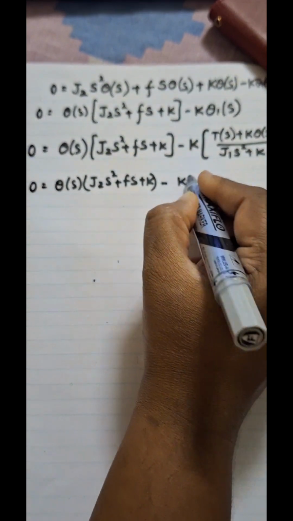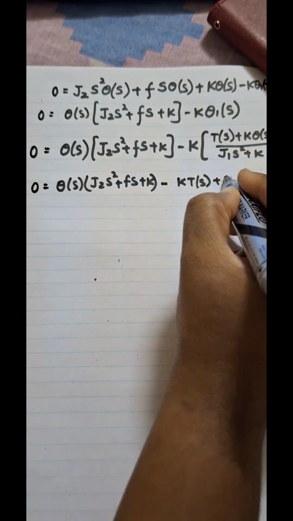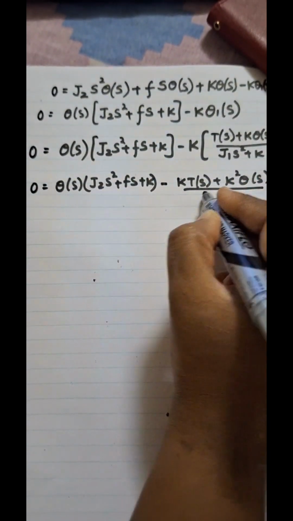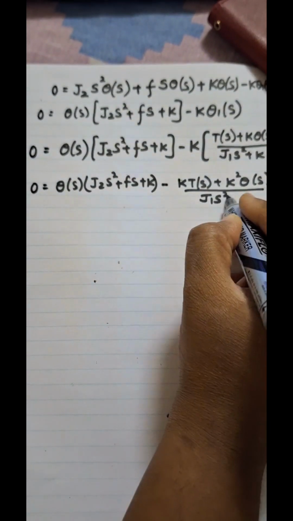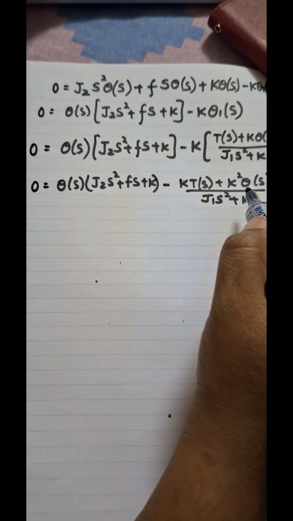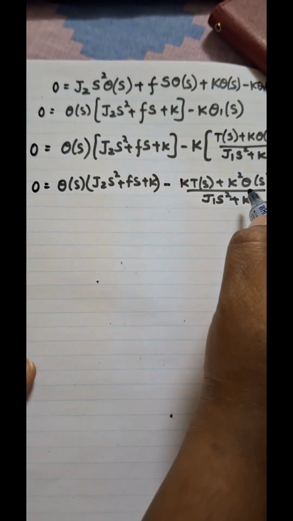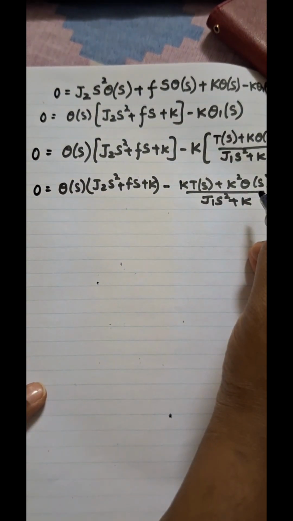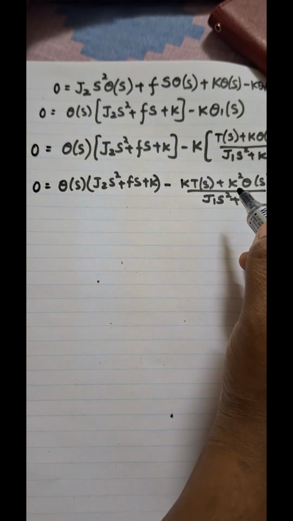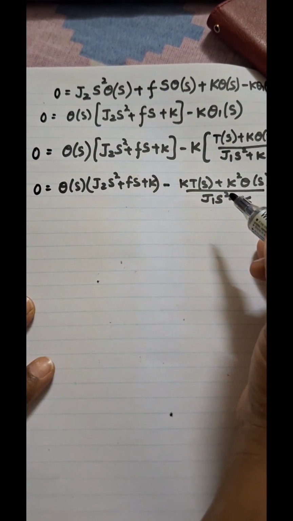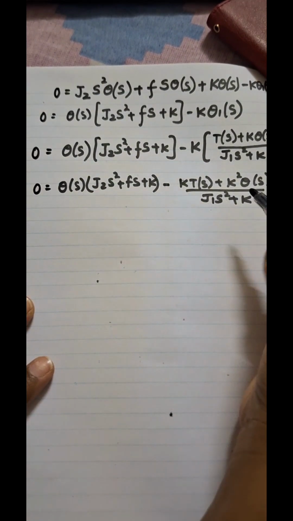So this will be k T of s plus k square theta of s by J1 s square plus k, right? So what should I do? I should make this theta of s common, right?